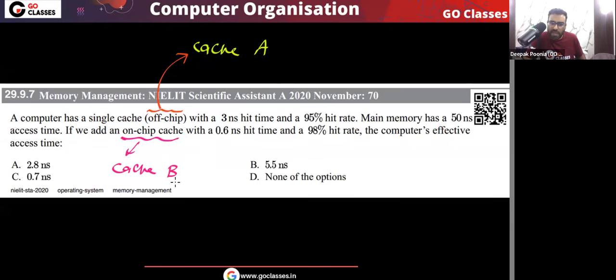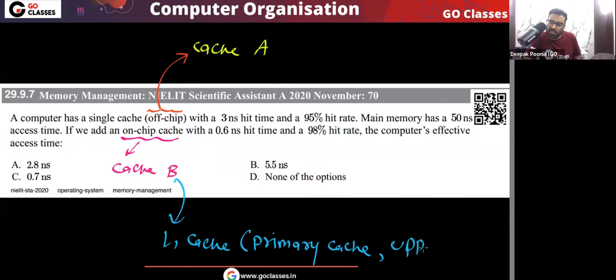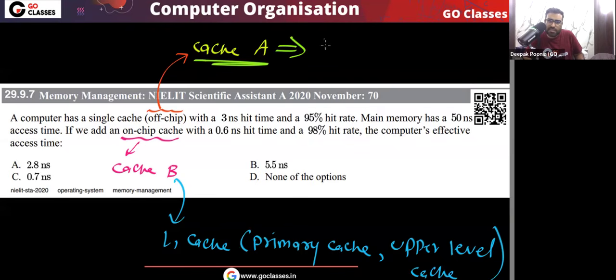So this will be called L1 cache, or primary cache, or upper level cache. And this cache A, the off chip cache, will become your L2 cache.